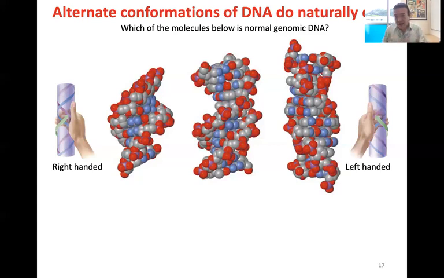If I were to ask you which one of these is the normal genomic DNA structure, hopefully you will have said it's the middle one. Because the one on the left, which we call A-DNA, has lost the distinction between major and minor grooves. It's too much symmetry going up. The one on the right, Z-DNA, looks like this jumbled mess. Keep in mind, it's still DNA.